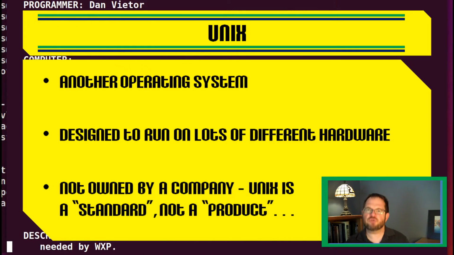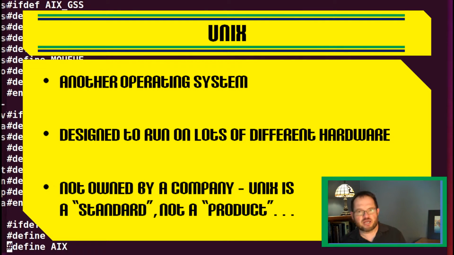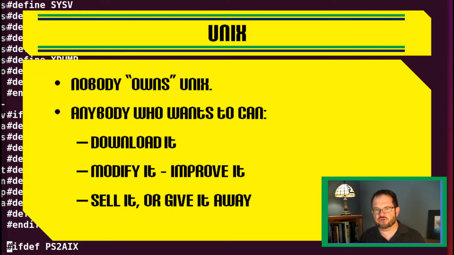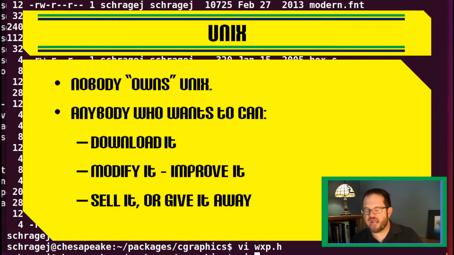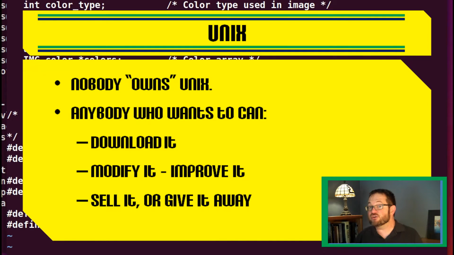The amazing thing about Unix as an operating system is it isn't owned by anybody. Unix is not a product, it is not owned by any company, it is not owned by anybody. It was written over a period of many, many years by grad students and hackers and programmers during their off hours and so on. It is a standard.